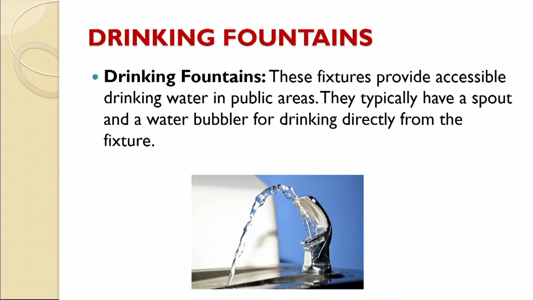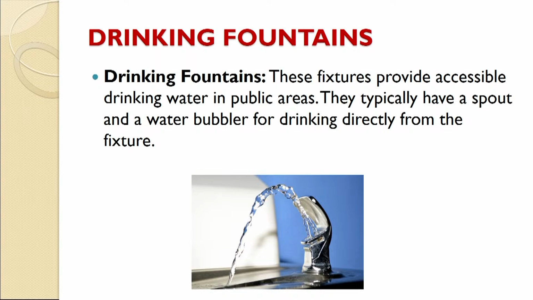Now this is a common picture. If you go to an airport, you will find nowadays the government is providing drinking fountains. You can use them by taking the water in your glass, or even drink directly by putting your mouth at a proper space.